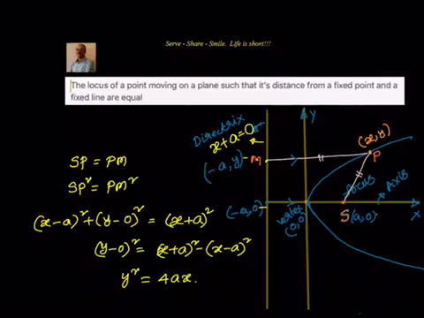Now what are the other different forms of the parabola? We'll go through them in detail in the next session, but I'll just give you an overview. The parabola we have just seen is like this.